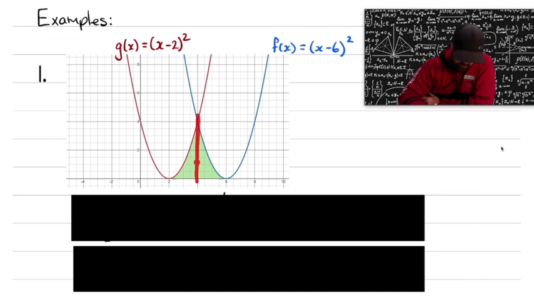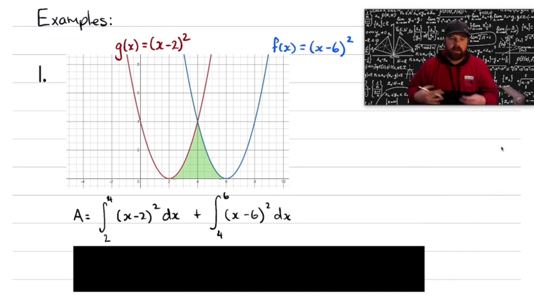So if I think about this one, I can divide here into two sections. I'm going to get this area here, and then I'm going to add it with this area here. So that seems okay. I'm just going to add two things together.